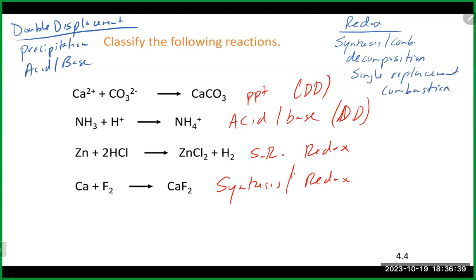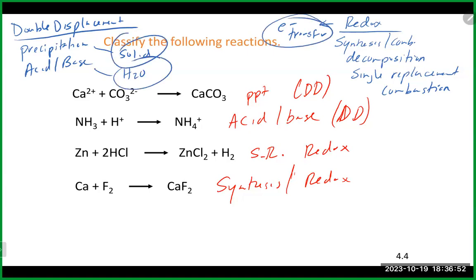So once again, as we talked about many times, this is our electron transfer. That is our solid being made, and that is our water being made. And once again, those are the 1, 2, 3 reasons why a reaction takes place, and they fall under basically those two big categories, which you can then classify more specifically.